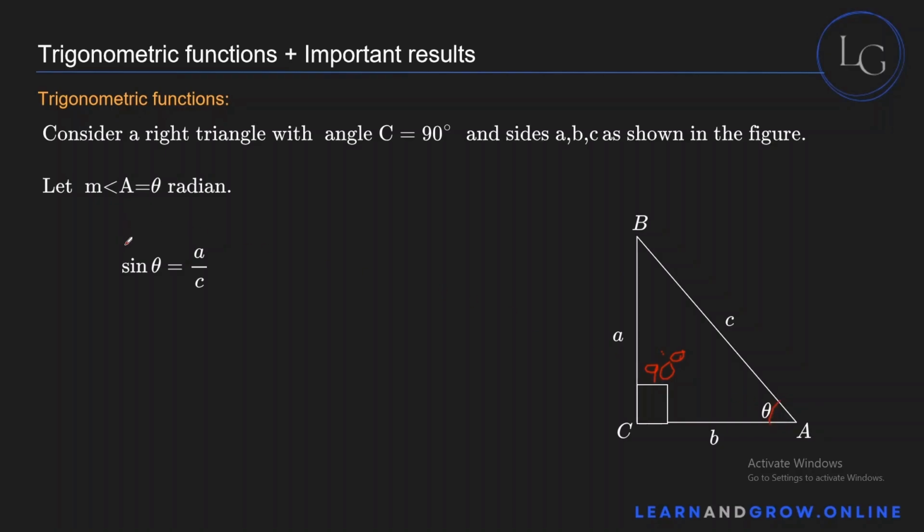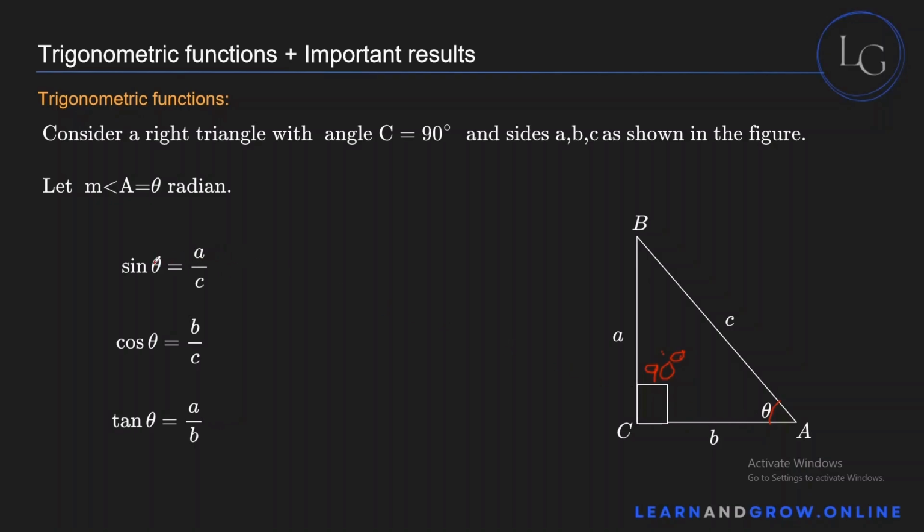So sine theta is equal to the length of side a over the length of side c, and cos theta is equal to the length of side b over the length of side c, and tan theta is equal to the length of side a over the length of side b. That's really just it.